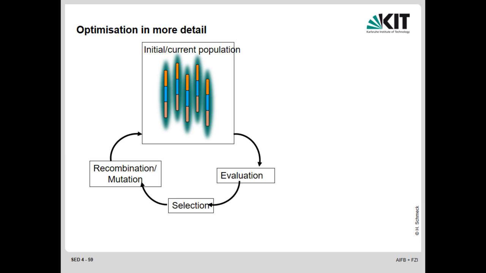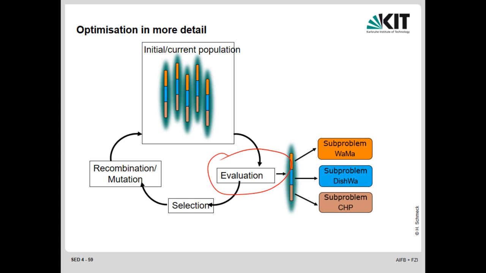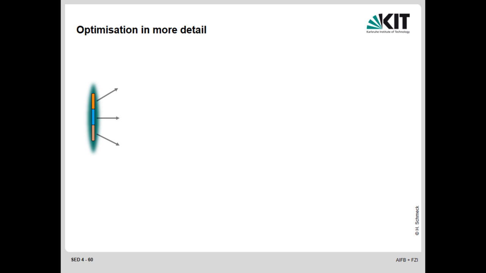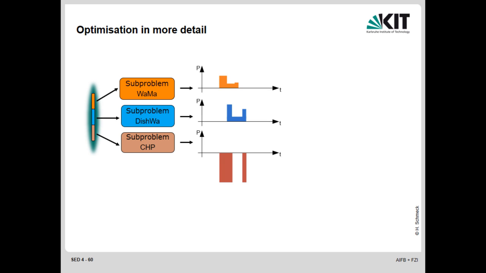So this is now just a bit string. And then our evolutionary algorithm is operating on those bit strings, and every bit string certainly has to be evaluated. So how do we evaluate? We have our bit string, split that again into the different parts corresponding to our different subproblems. And so these are the different parts. Then we use our evaluation function for the individual subproblems to generate the load profiles of those 3 devices.